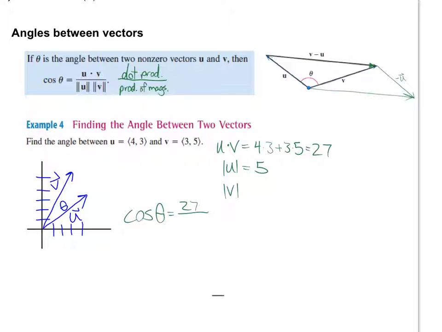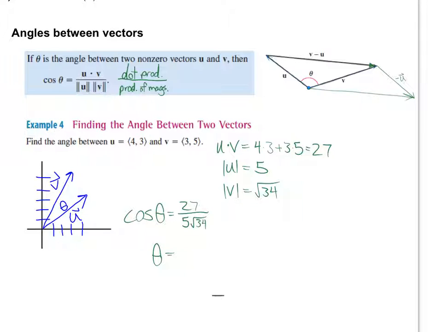So v is the square root of what? 9 plus 25. Good, 9 plus 25 is 34. And you can leave it as a radical. That's okay, because we're going to just plug this into our calculators and take the inverse cosine. So it's 27 over 5 root 34, and then our cosine.